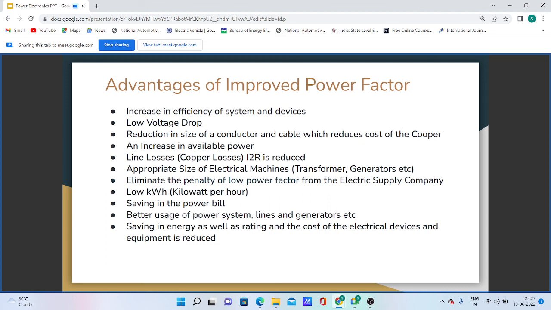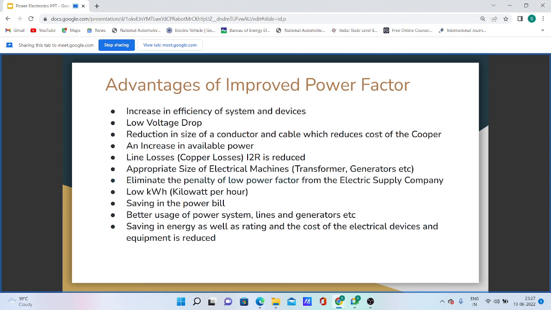Improving power factor through power factor correction will lower the demand charge, helping to reduce your electricity bill, as well as saving the power bill. Also, better use of power system lines and generators.